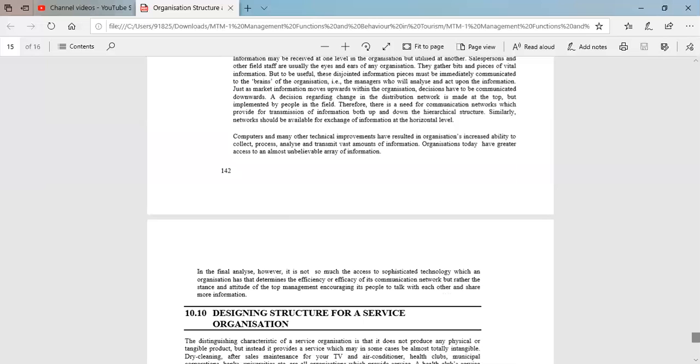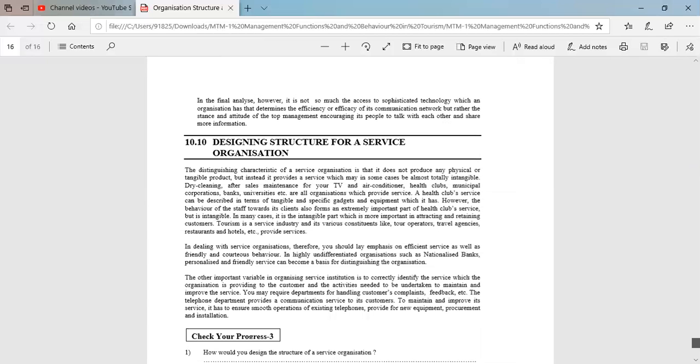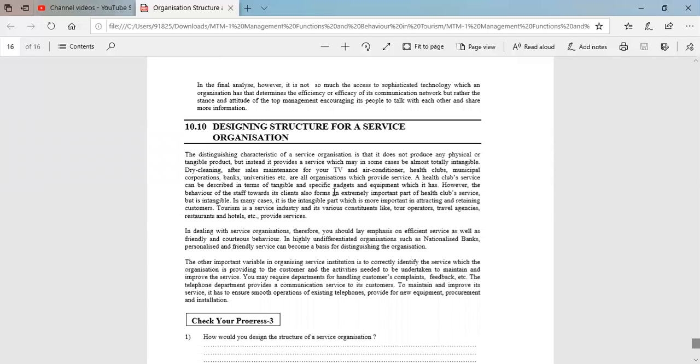Now 10.10 is designing structure for a service organization. What are service organizations? Hotels, and sometimes tourism travel agencies.